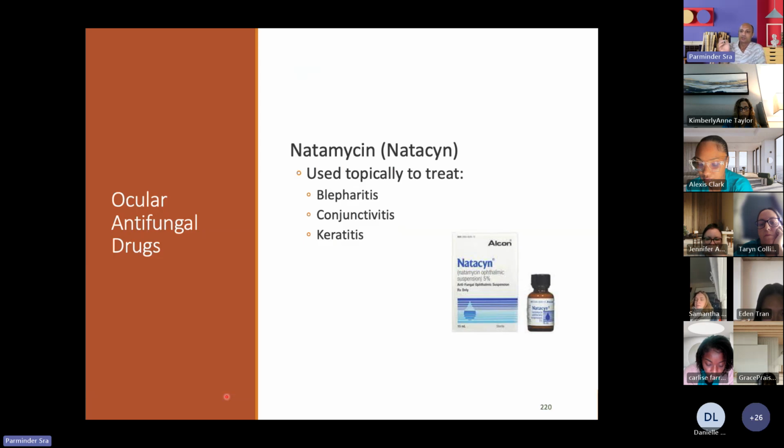This is your antifungal. For example, these conditions: blepharitis, conjunctivitis, keratitis. Blepharitis is a very common eye condition which makes your eyelids red, swollen, irritated, itchy, with crusty dandruff-like flakes on your eyelashes.